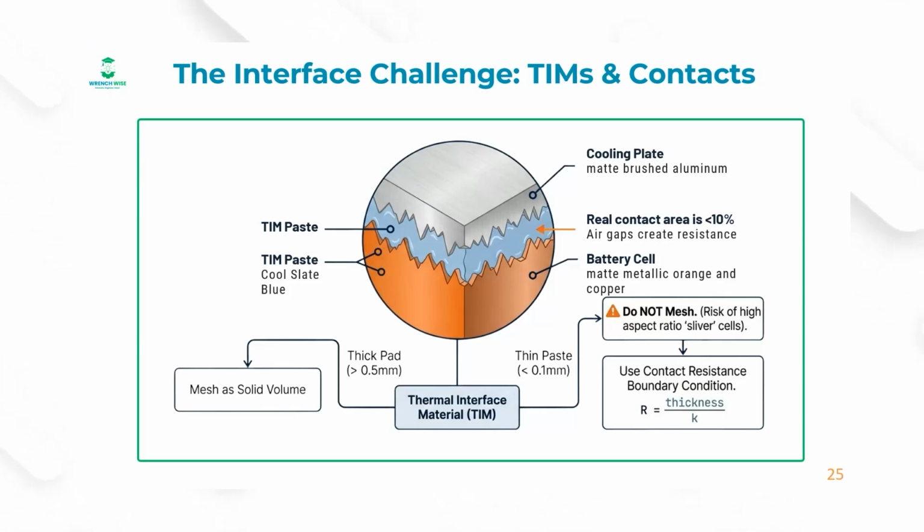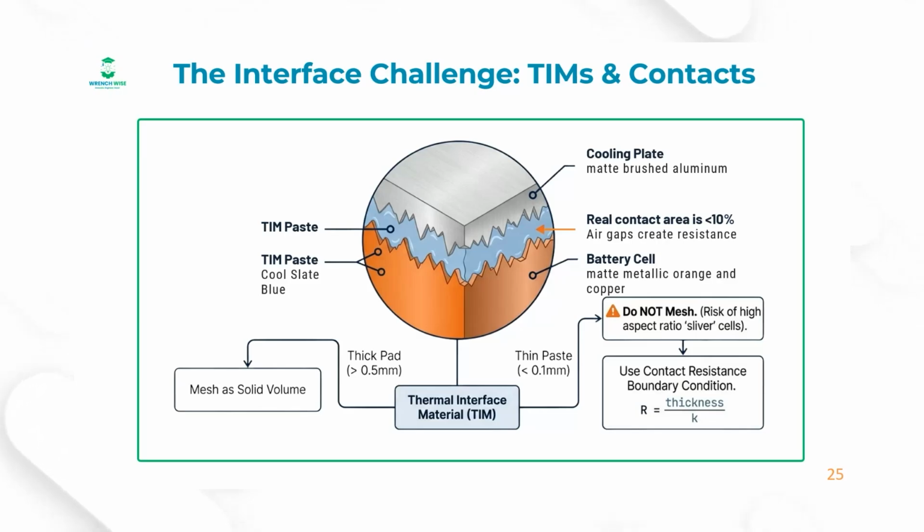Whereas if you are using paste, this is where you do not attempt to make the mesh for a thin layer of paste lesser than 0.1 mm. If you try to create less than 0.1 mm cells, you'll end up with very high aspect ratio cells. These high aspect ratio cells are going to introduce a lot of errors, and they'll very quickly reduce your time step to a very unrealistic number as well.